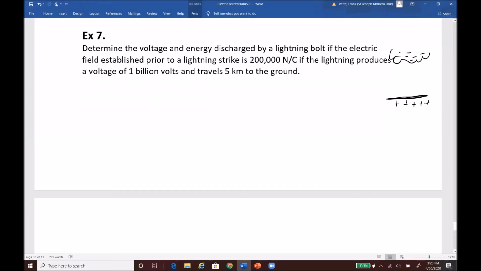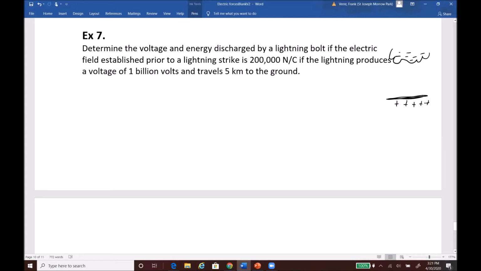So you get an electric field that's set up. There's always an electric field in the air, but it's very, very weak. You don't really notice it. But before a lightning strike, there's a significant buildup of charge. It's almost like two parallel plates with opposite charge.